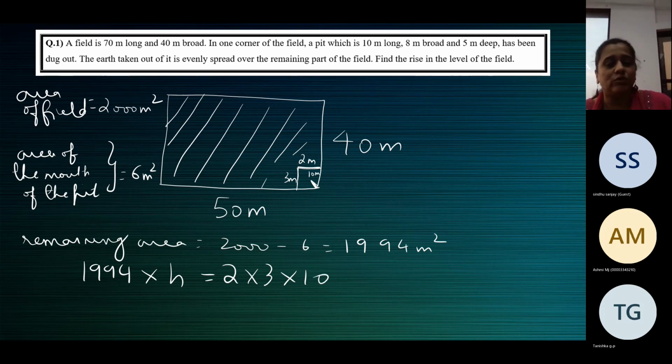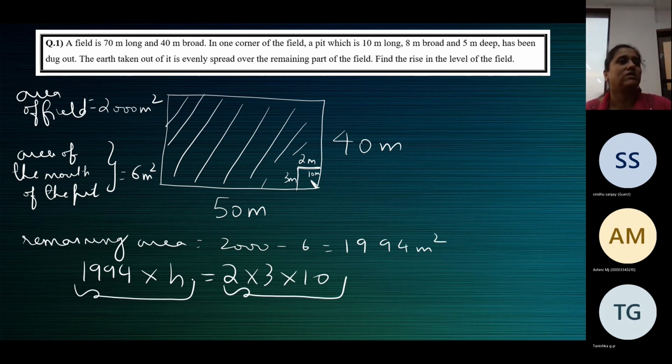So what is the equation? The volume of the earth removed from the pit is equal to the volume of the earth dumped on the field. That is the equation. That equation you should understand.